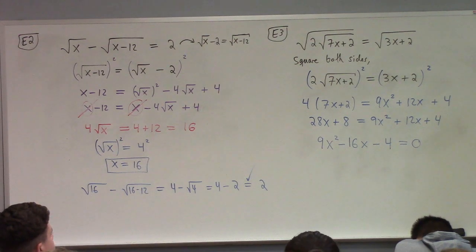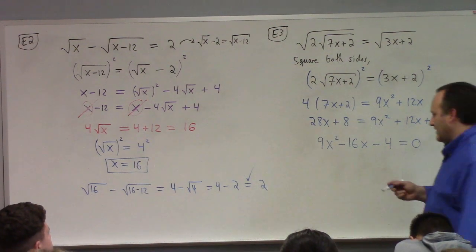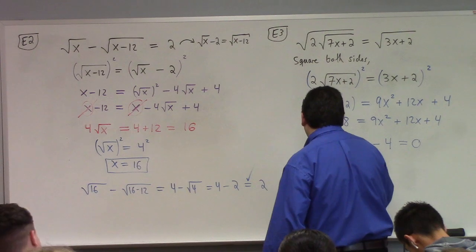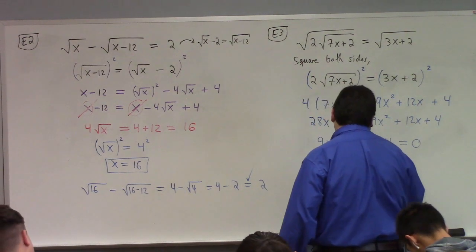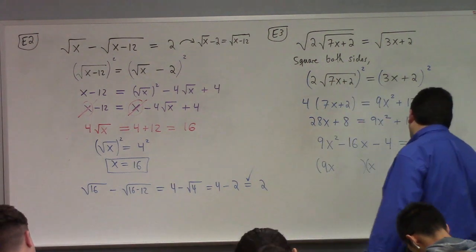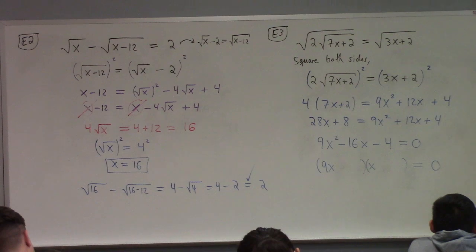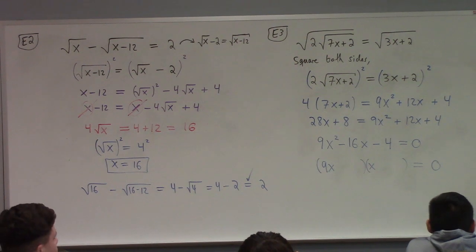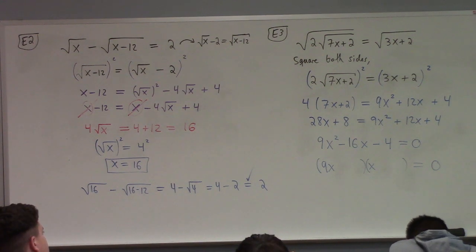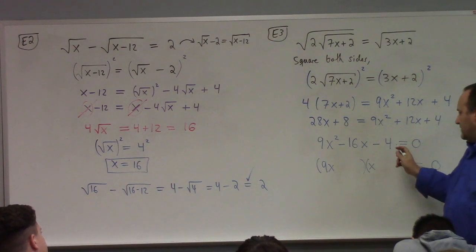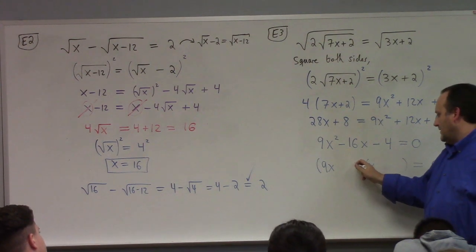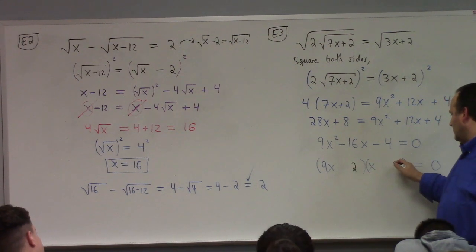I think it's a 9x and an x. Because in order to get that 16 in the middle, I need a pretty big number. So like 9 times 2 is 18, and 18 minus 2 is 16. So I think it's a 2, and a 1, and a 9. I need a 2 and a 2, right?